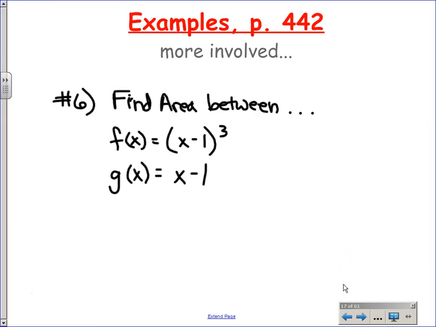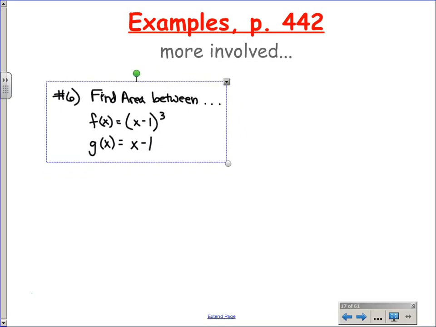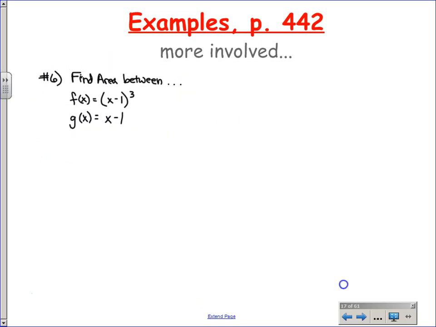But some of you guys are asking for something tricky. How about this one? Don't just say you don't know. What am I doing?